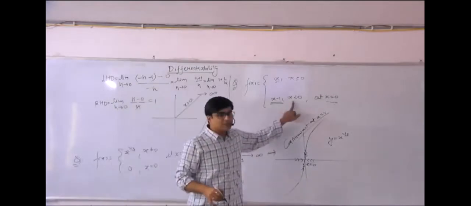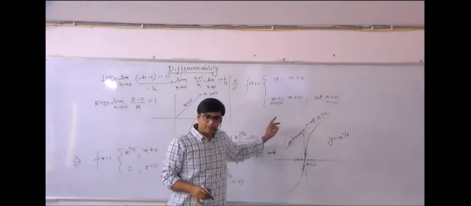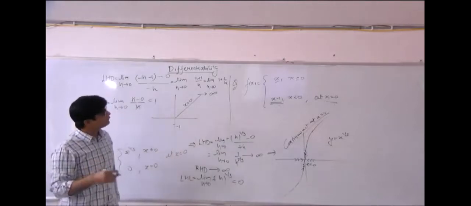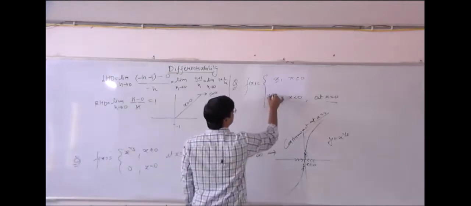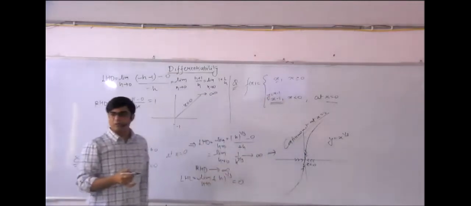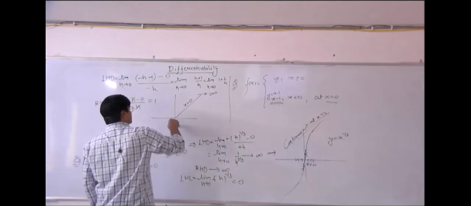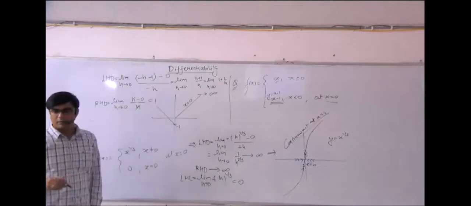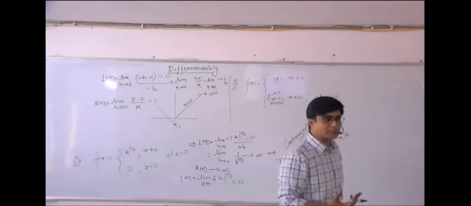As x is lesser than 0, it is x minus 1, again a straight line, starting from where? Minus 1. At x equal to 0, y is equal to minus 1. So this line is something like this, and the limit in this case does not exist.